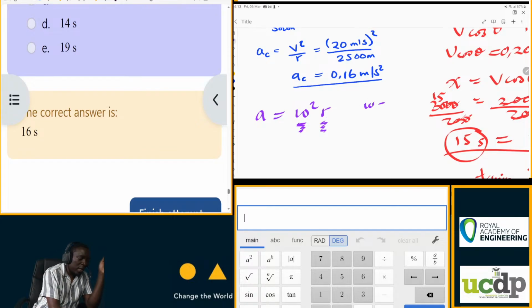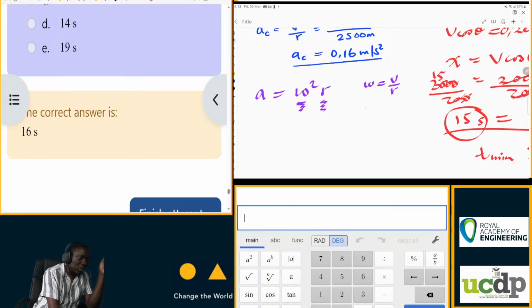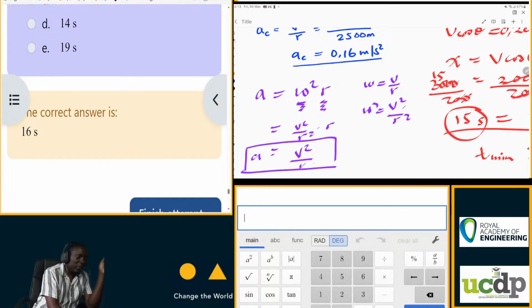Or since omega is equal to v over r, omega squared is v squared over r squared, multiplied by r. That's how this comes to v squared over r. This is the formula for your acceleration, the centripetal acceleration.